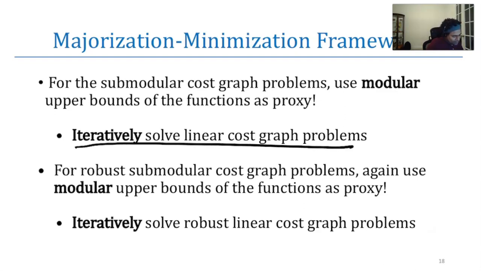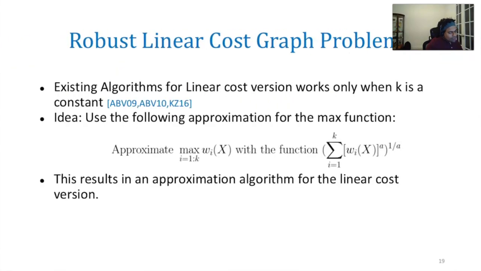In the case of robustness, we can achieve a very similar algorithm, but we iteratively solve the robust linear cost graph problems. So how do we solve the robust linear cost graph problem? There are existing algorithms, but they only work when k is constant. So we use a heuristic approach, which actually has bounded approximation factors, where we approximate the robust function with a function of this form.